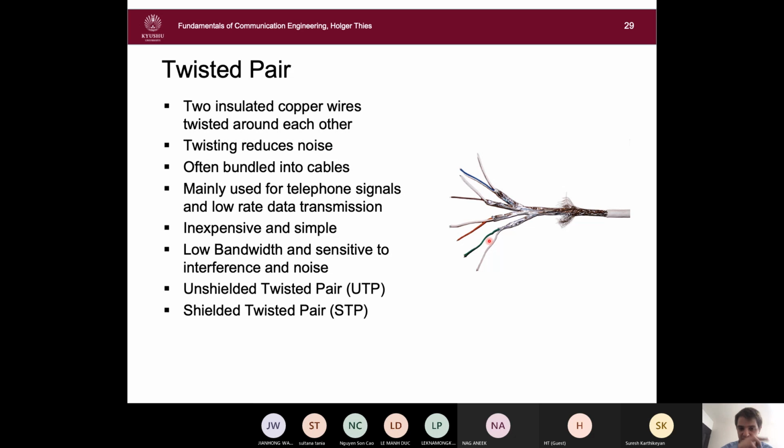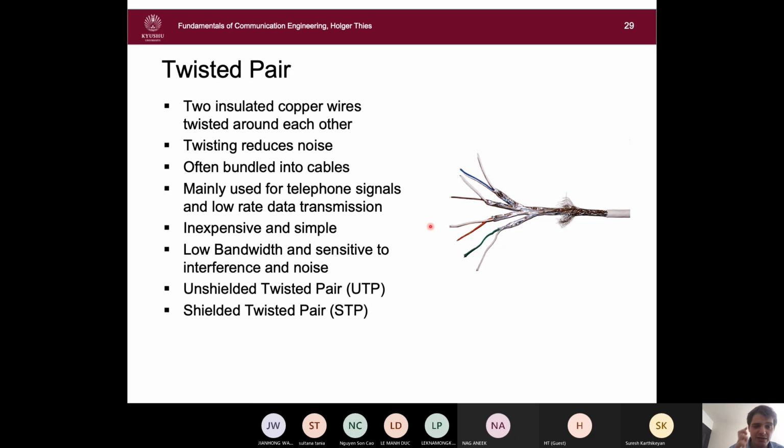If the two wires are twisted around each other, the idea is that the noise that comes from all directions will be approximately the same for both cables. Often there are not only two wires, but they are bundled into larger cables to send multiple things at the same time.